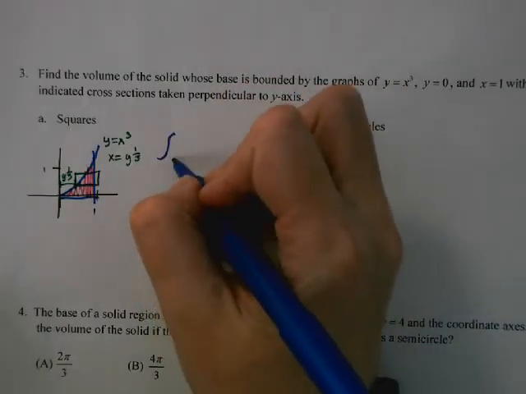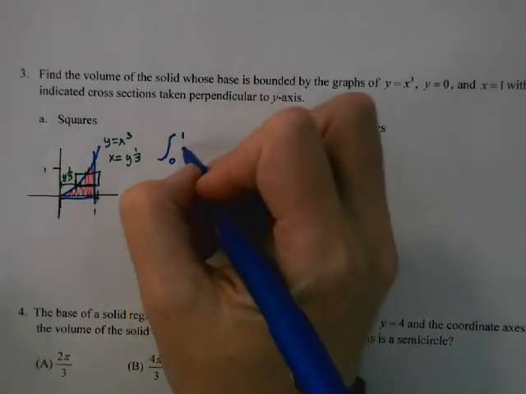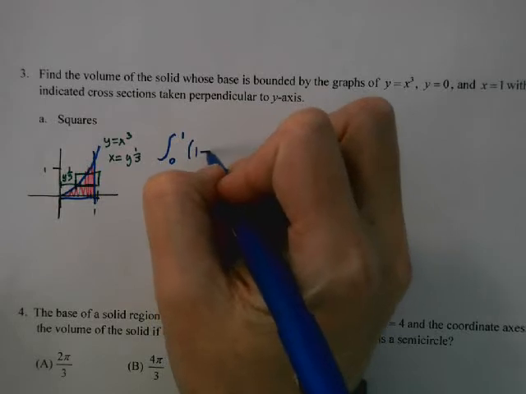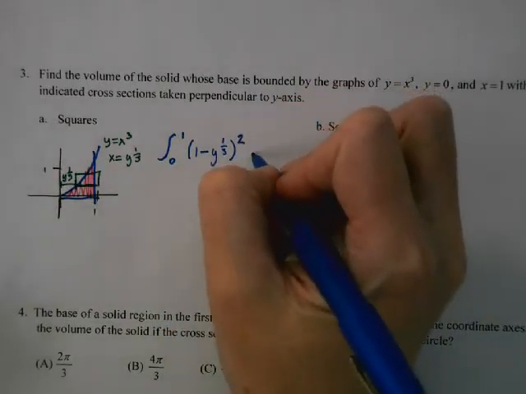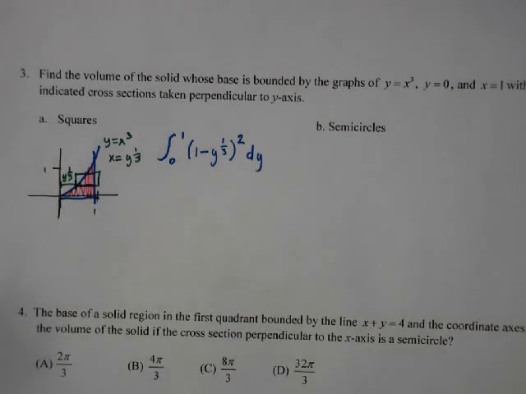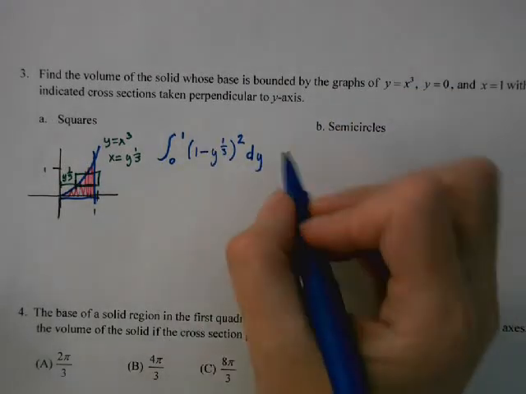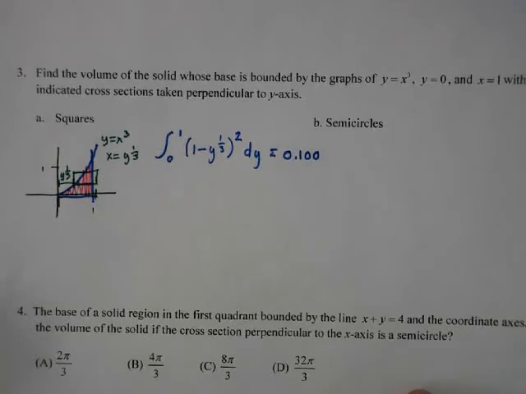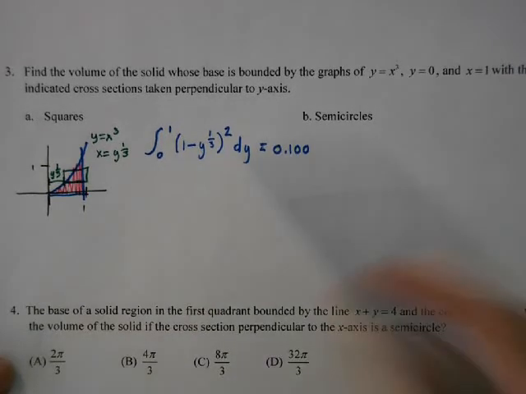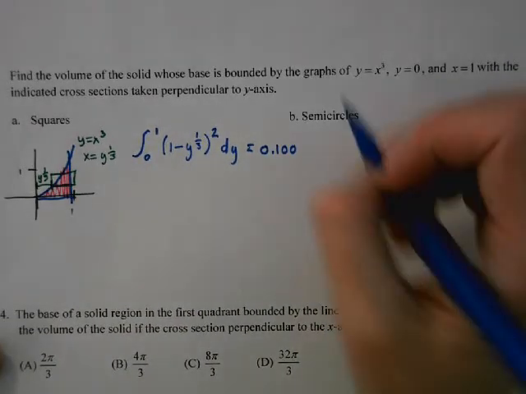So this one's going to be the integral from 0 to 1 of (1 minus y to the 1/3) squared, since we have a square. Okay, so we get 0.100 when you do that. And then similarly with semicircles.